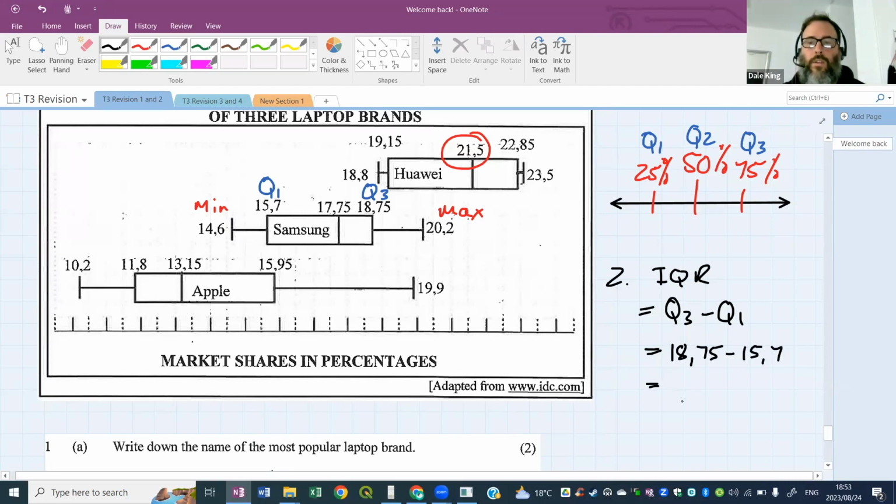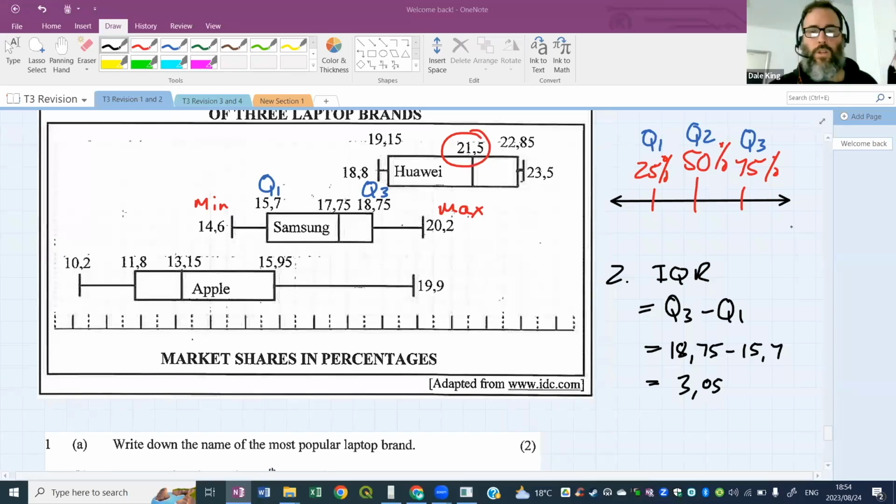Guys, what's 18 minus 15? 3. And there's actually a 0.5 left. Yes. Cabo had it earlier as well. Good, well done. Cabo, then Aura. Okay, so don't do max minus min, that's range. You've got to do Q3 minus Q1.